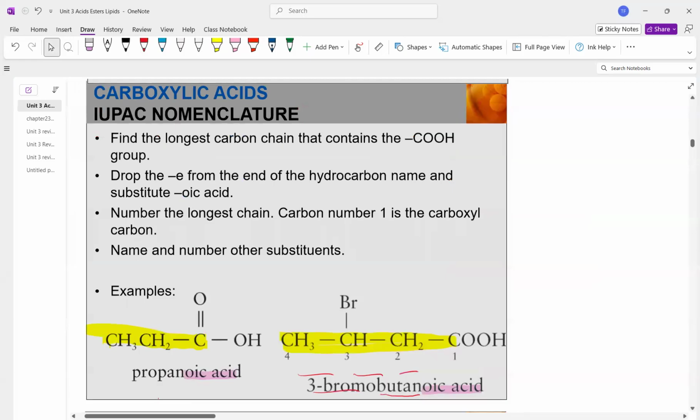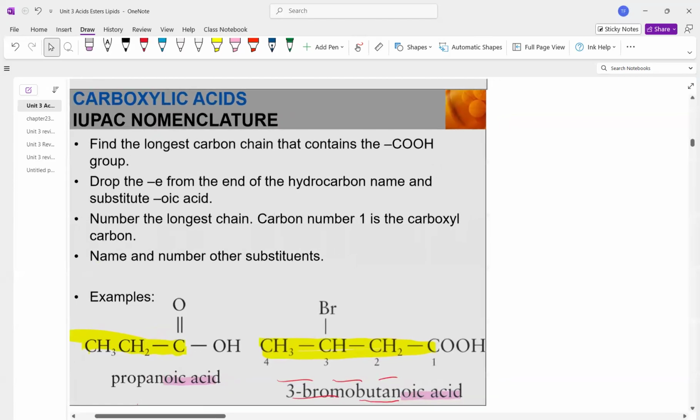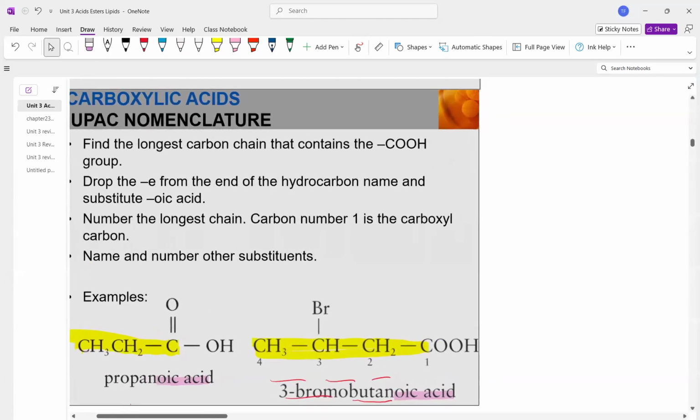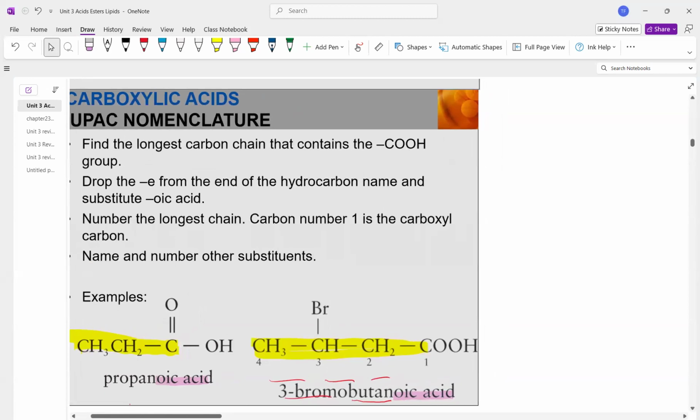As you know by now, there's always two kinds of names for chemicals: a common name and then the official IUPAC name. As far as the IUPAC name goes, it's the same as we've always been doing. It's in 3 parts. The ending is oic.